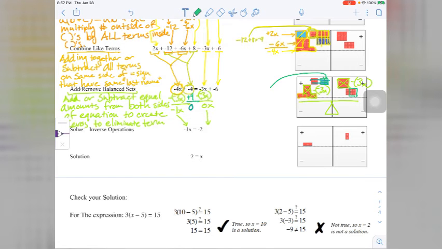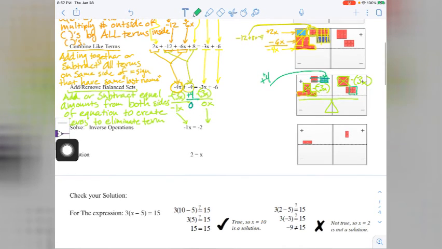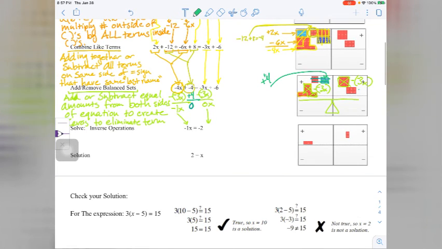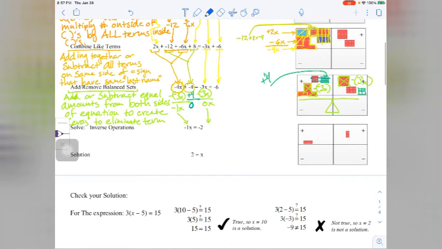So this one I will write as plus 4. I don't really need to write positive 4. And then on the other side, same thing. I'm going to erase that little square, and I'm going to add 4 to this side. Because I added 4 to the other side, I need to add 4 to this side as well, or it will become unbalanced.